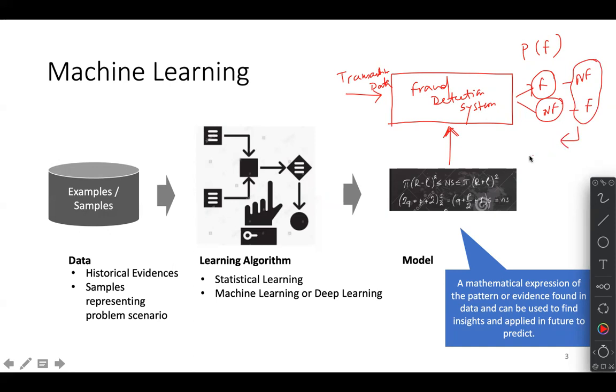Imagine that the user initiates a transaction, and the transaction is approved by the system, but the user later, maybe after a few hours or a couple of days, reports back saying that there is a fraud transaction that has happened on his credit card or account. Then those data points would again come back as new data or new samples or new examples. Again the learning algorithm will rerun and create the models. But how the whole thing happens, we will go into a little more detail later.